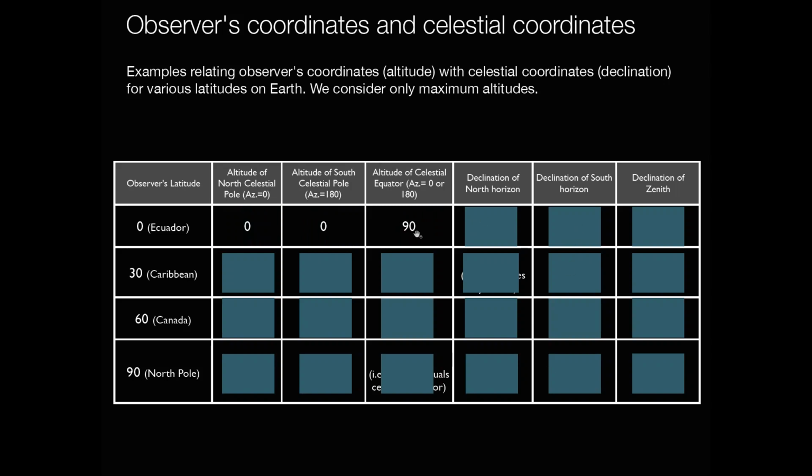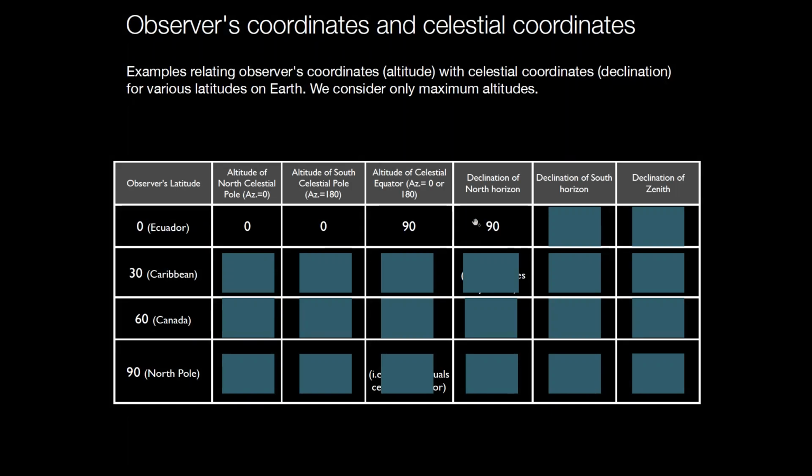Okay, now let's think about what the declination of the northern horizon is going to be. We just said that on the northern horizon we have the North Celestial Pole in this problem. The North Celestial Pole is at declination 90 degrees, so the equivalent latitude, if you like, is 90 degrees.